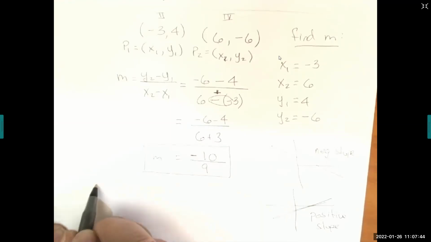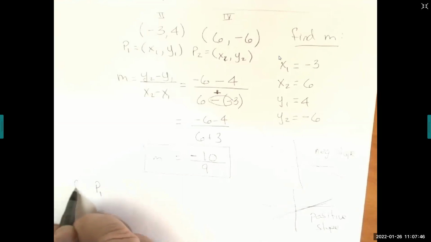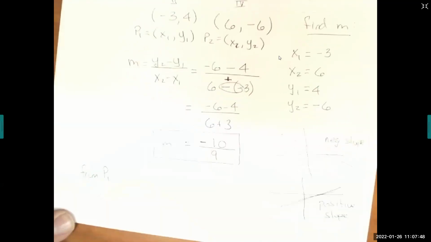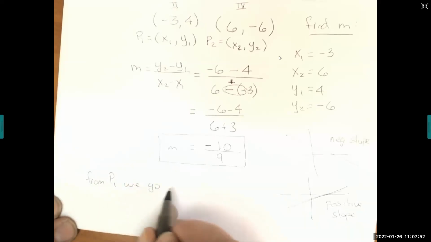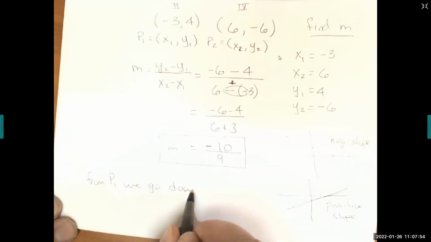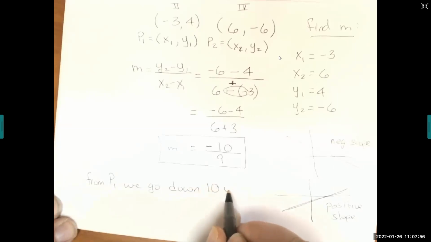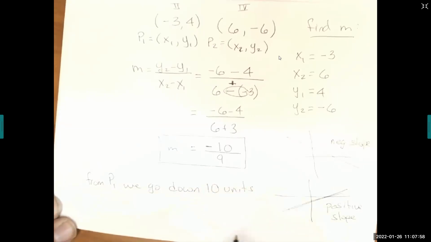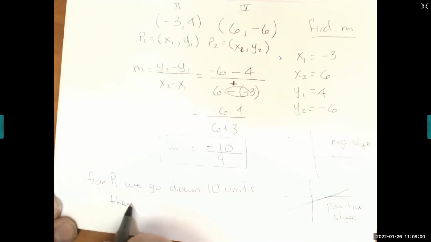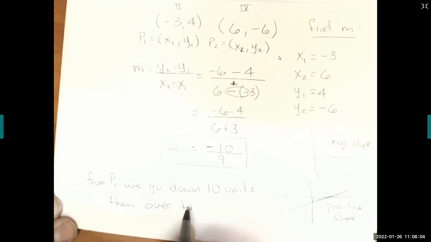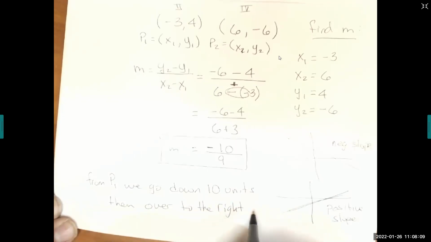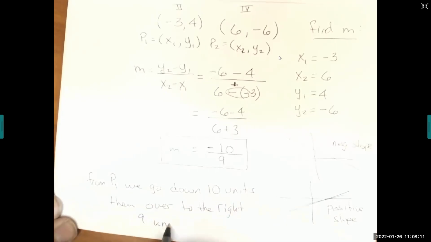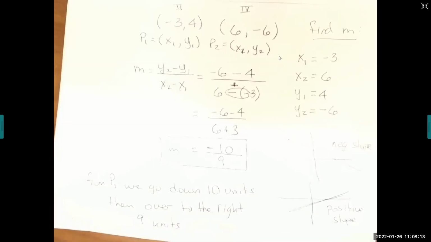So from point one, we go down 10 units. Then over to the right, 9 units. That's what that means.